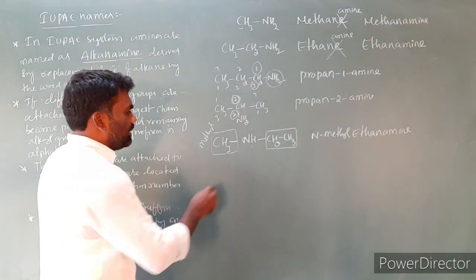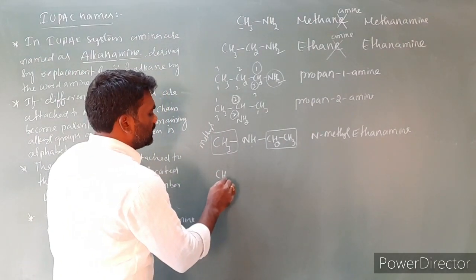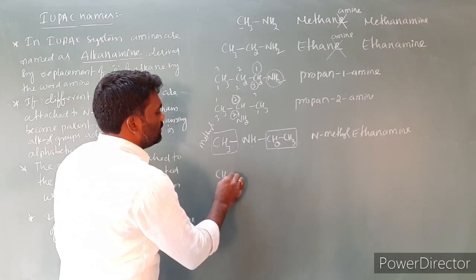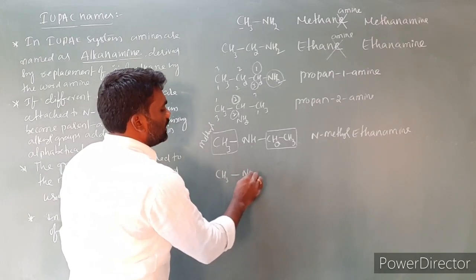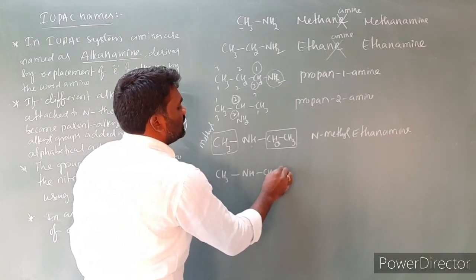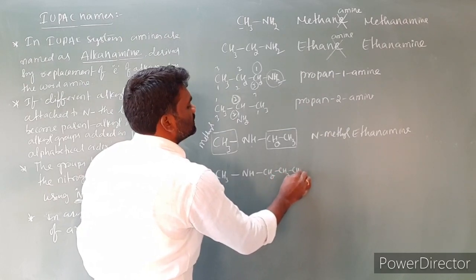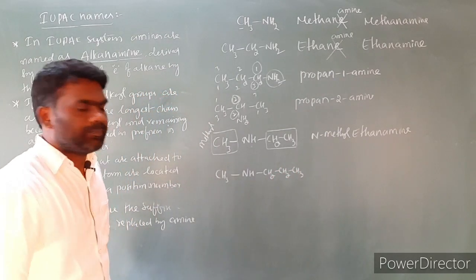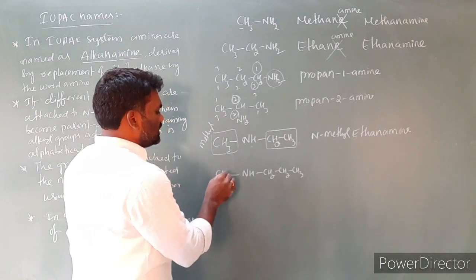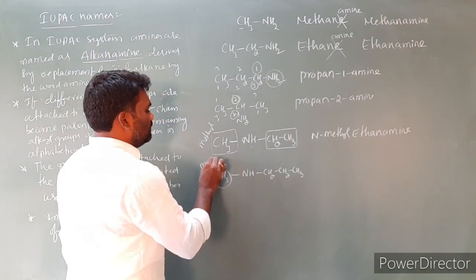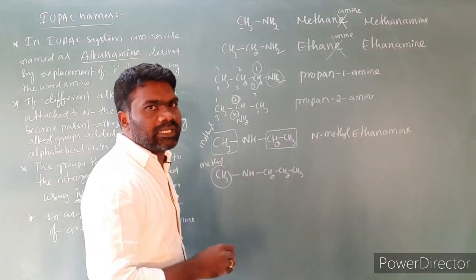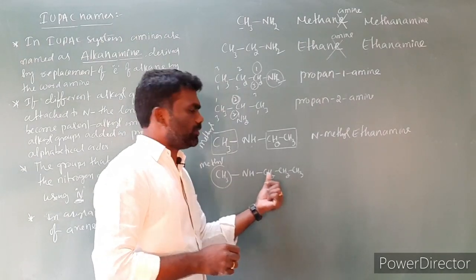Take one more example for better understanding. I am taking CH3 NH CH2 CH2 CH3. Look at this. In this case, a methyl group is present, and we have to select the longest chain. Here is one, here how many are there? 1, 2, 3.